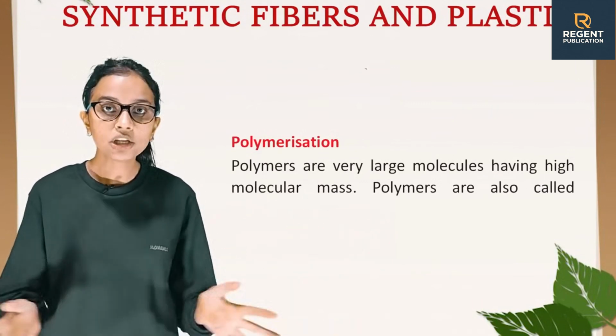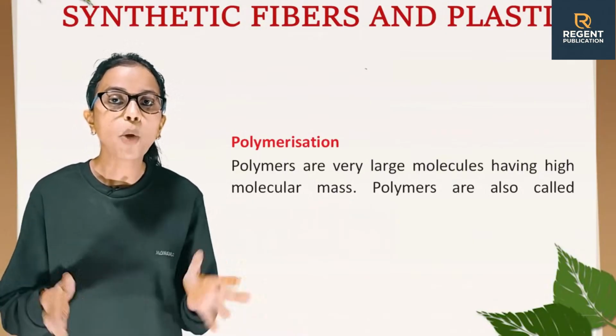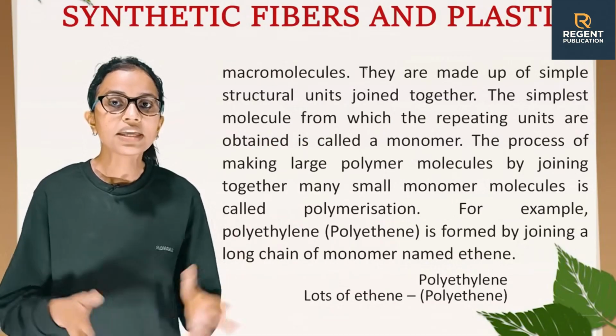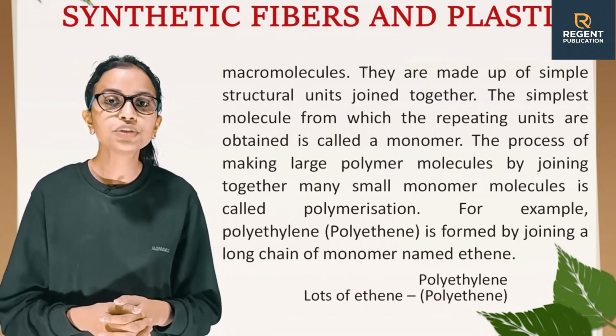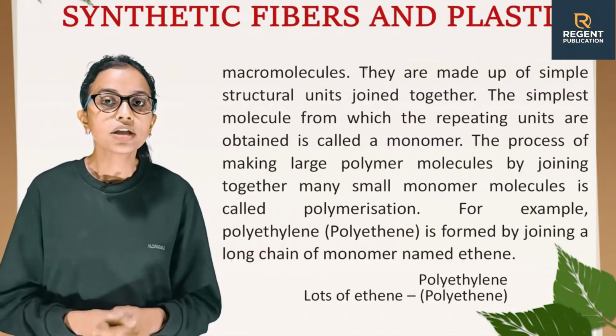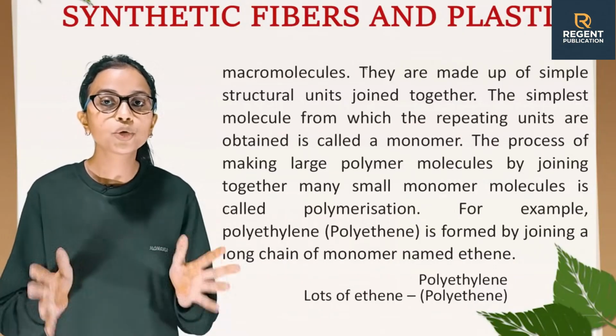Polymerization. Polymers are very large molecules having high molecular mass. Polymers are also called macromolecules. They are made up of simple structural units joined together. The simplest molecule from which the repeating units are obtained is called a monomer.